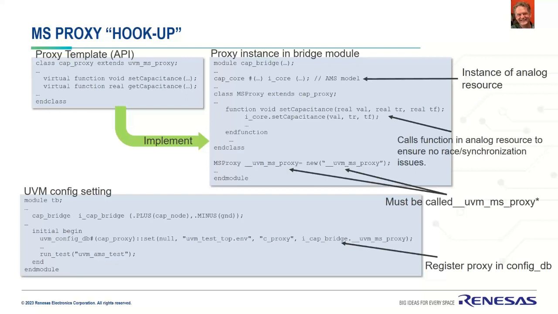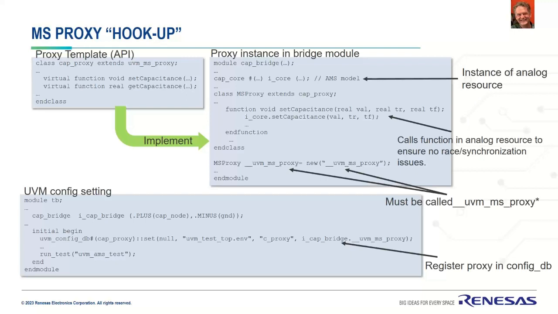Then the proxy declaration you can see in there, the class MS proxy, has some declarations of some functions which get called by the agent, and they will then call via out of module reference into the core. So they'll call the actual endpoint functionality of set capacitance and get capacitance.